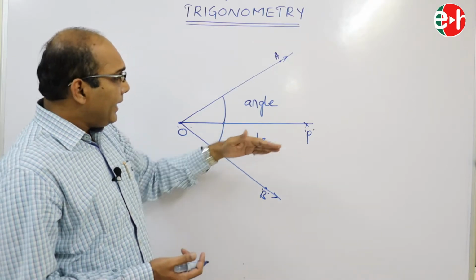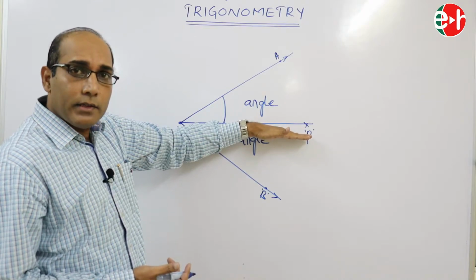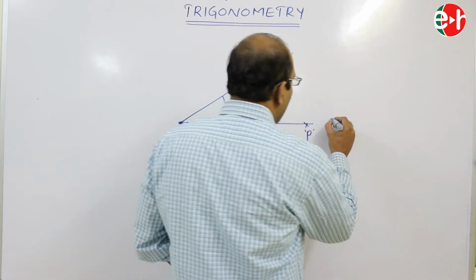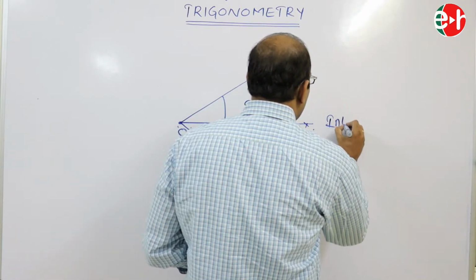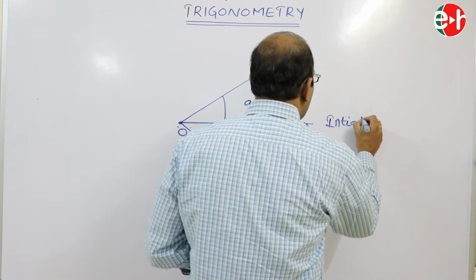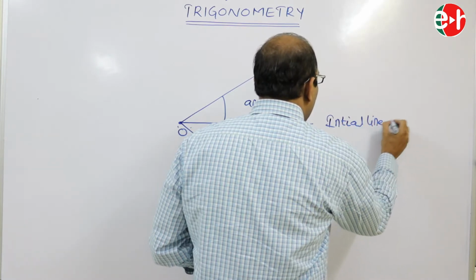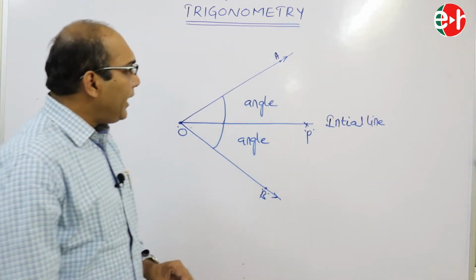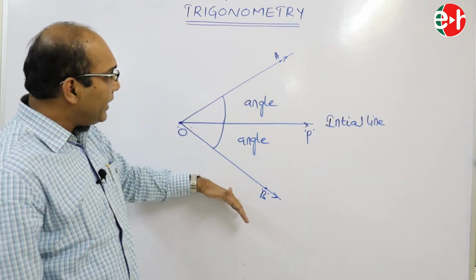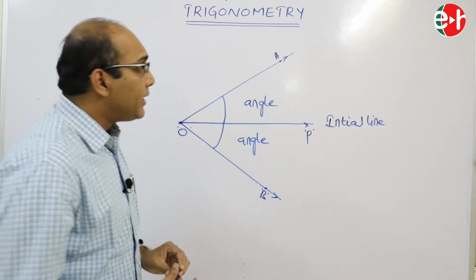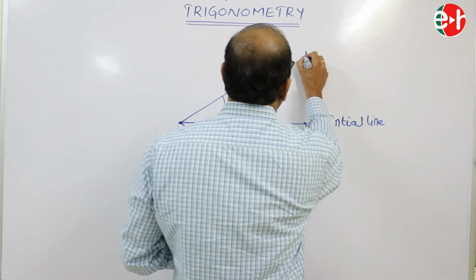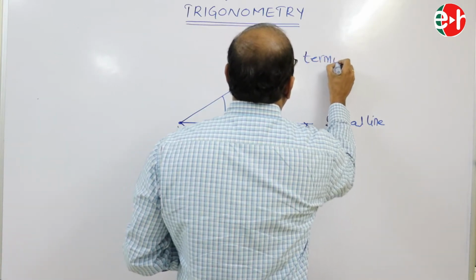Here, the angle is starting at this line. Such a line is called the initial line, where the rotation ends at these lines OA and OB. Such lines are called terminal lines.